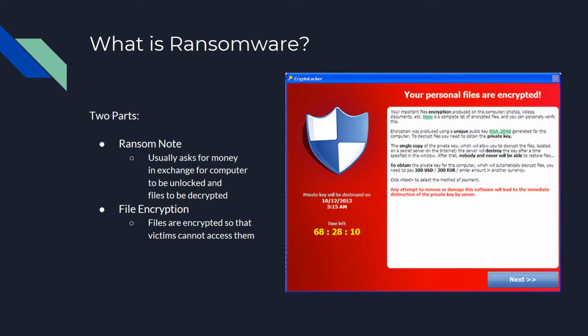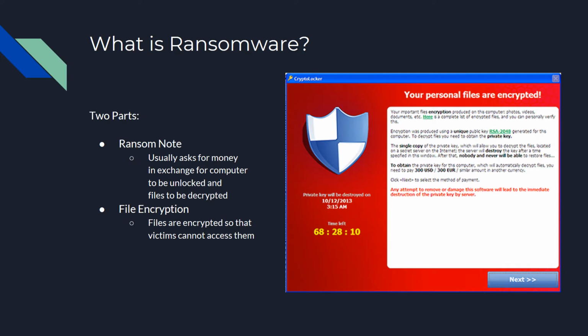So, what is ransomware? Basically, there are two different parts of a ransomware attack on a system. Usually, there's a ransom note, which you can see in this image on the right. It's basically what it sounds like, a ransom note. It asks for money in exchange for getting your system back.